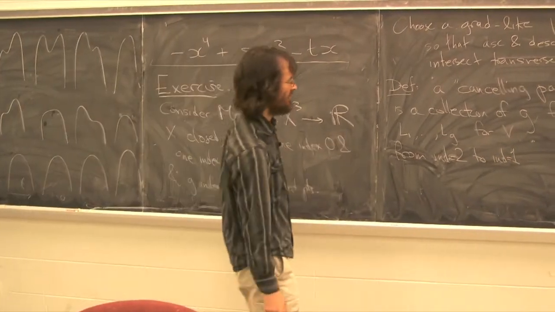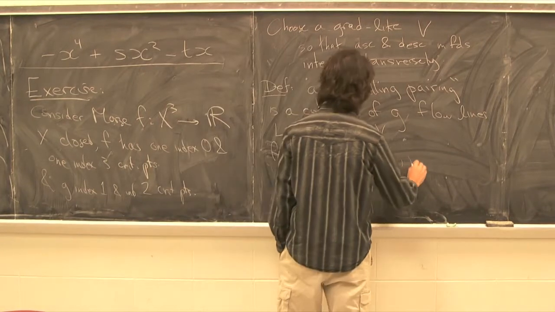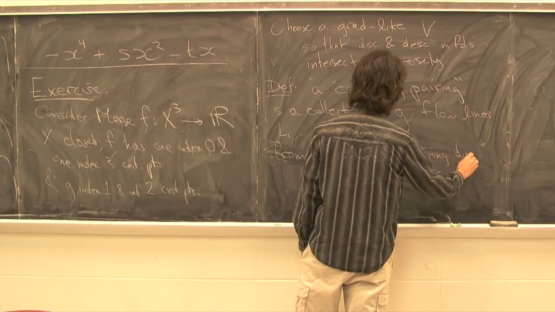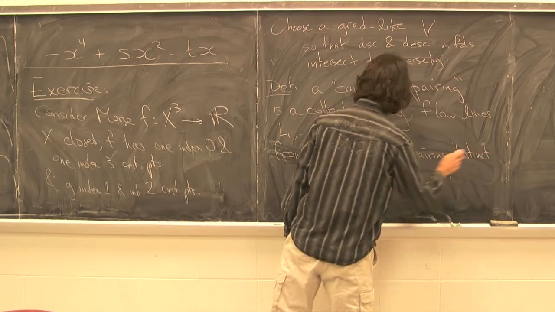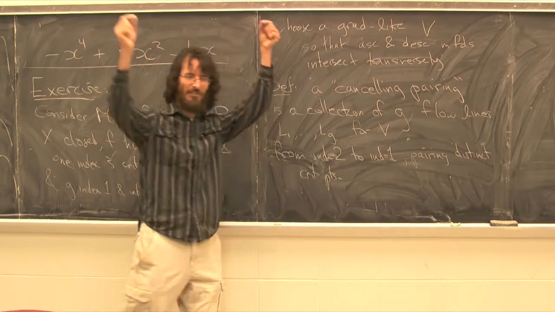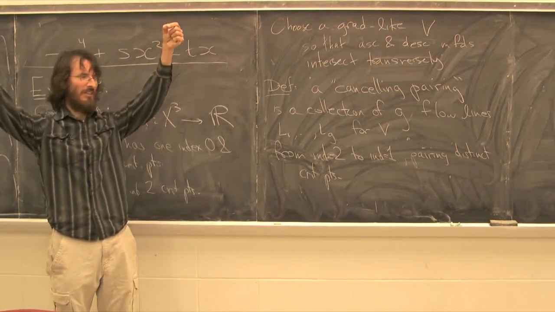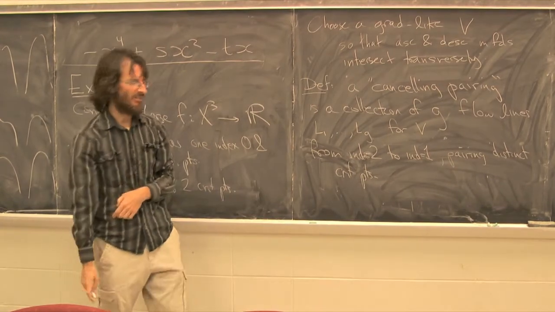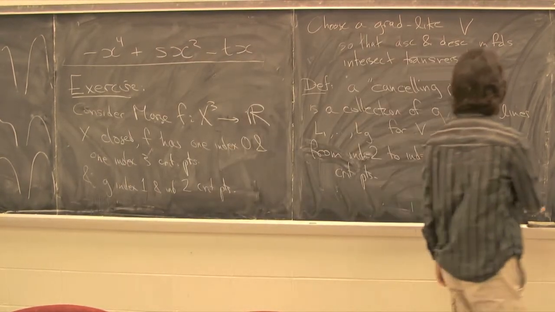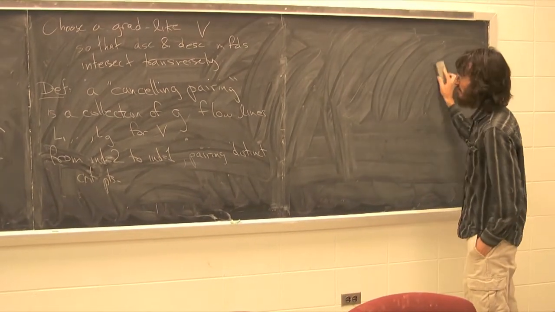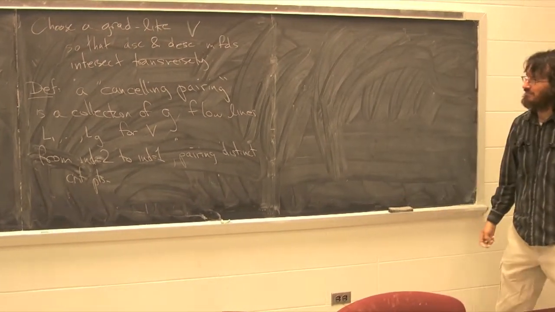I could just say they're disjoint, i.e., pairing distinct critical points. So in other words, I don't have two different index 2 critical points coming down to the same index 1 critical point. So it's just some way to pair off the index 2s with the index 1s using gradient flow lines. And there may be many of them.